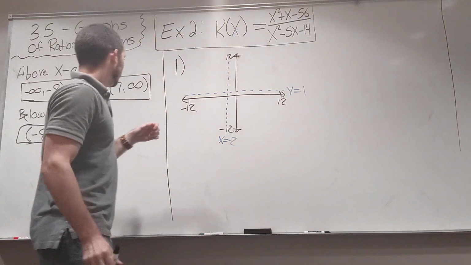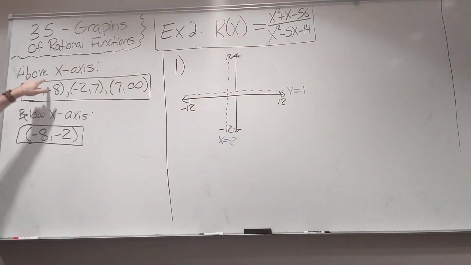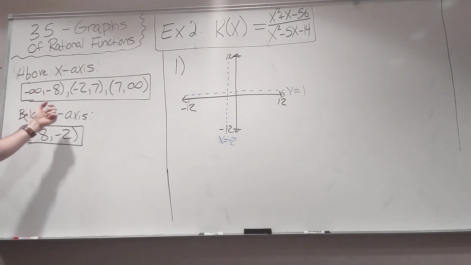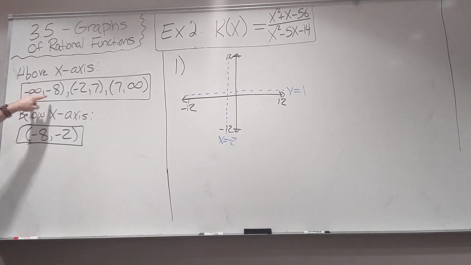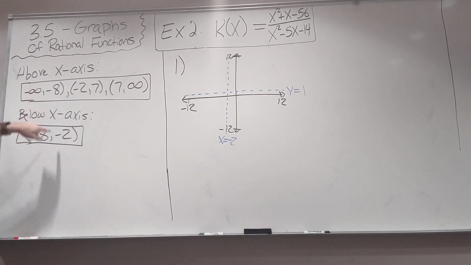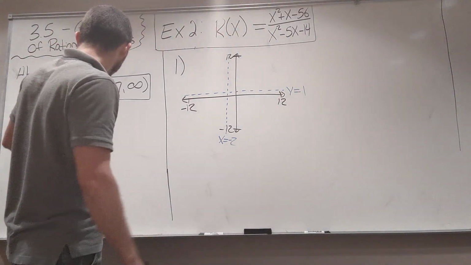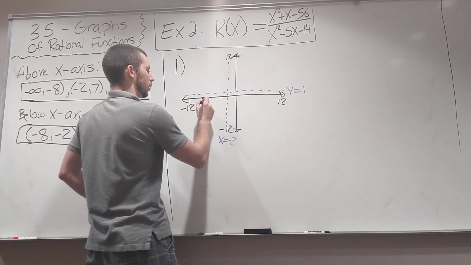And so we also know that the graph is above the x-axis all the way over here on the left, as well as on the right to some regard. It seems like at negative 8, which is the x-intercept. So the x-intercept is over here, let's call it right here.